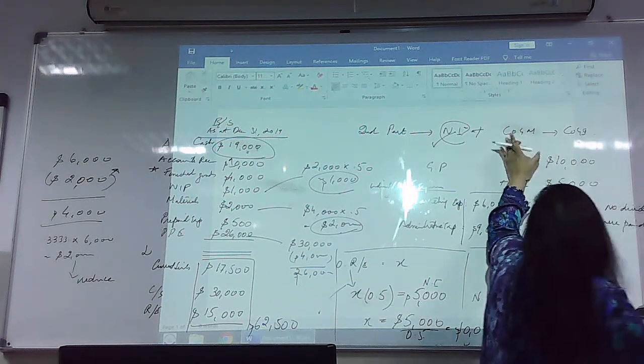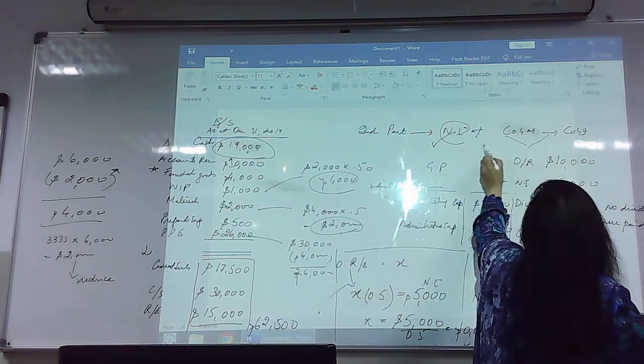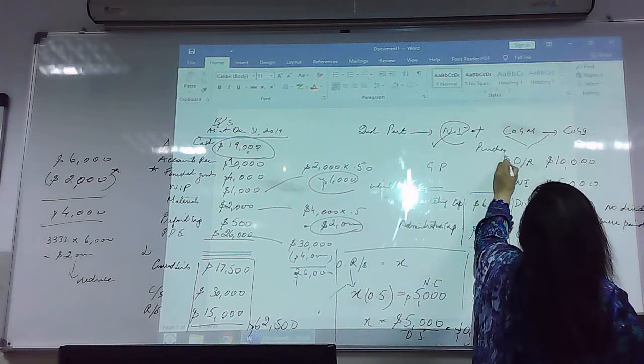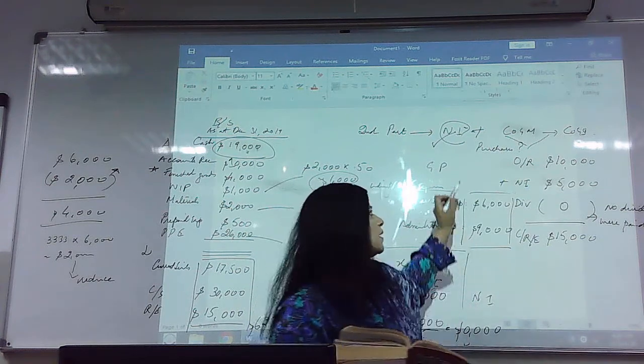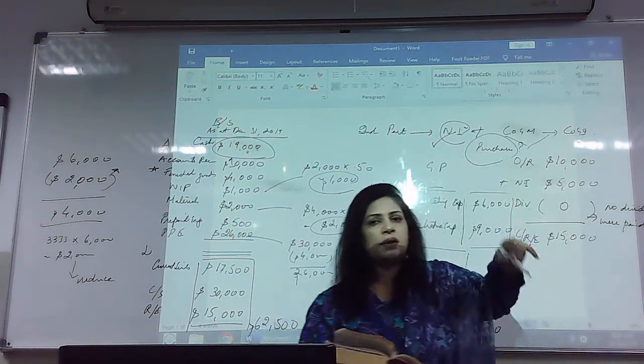That means the materials, and there is something missing: purchases. They have not given you purchases, so you need to find this value by the reverse method.